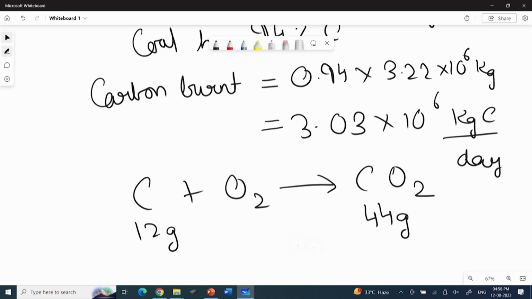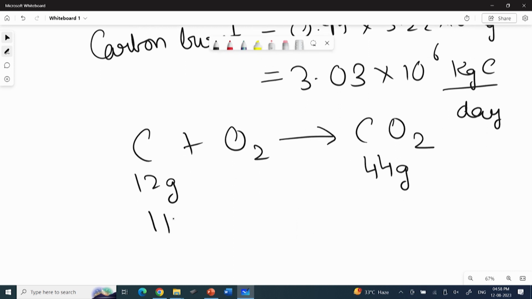Or in terms of kg, if I am consuming 1 kg of carbon, this would lead to the production of 3.67 kgs of CO2. So we can use the same analysis to estimate the amount of CO2 generated by the combustion of the carbon that we estimated earlier.